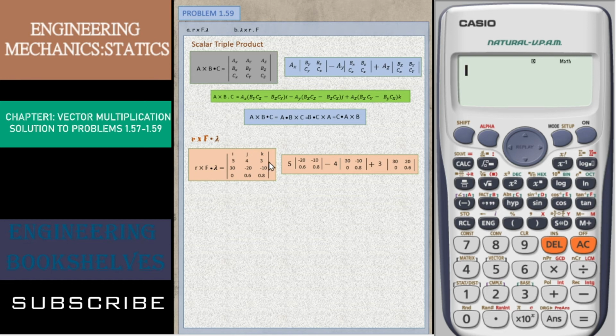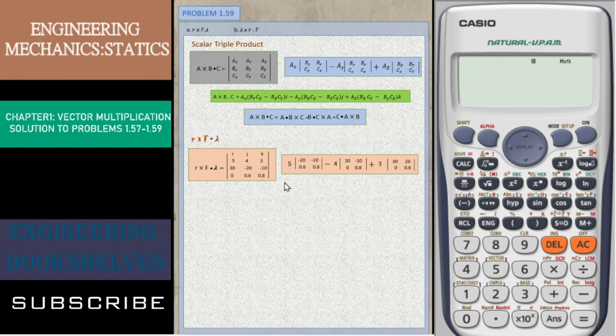To solve our problem, in our data, for R, we have 5i, 4j, and 3k. For F, we have 30, negative 20, and negative 10. And for the unit vector, we have 0 for i, 0.6 for j, and 0.8 for k.